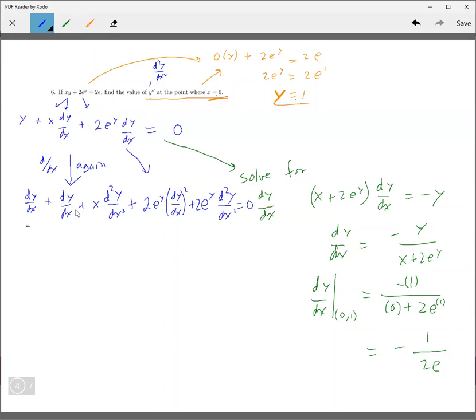Now the objective is to find the second derivative.